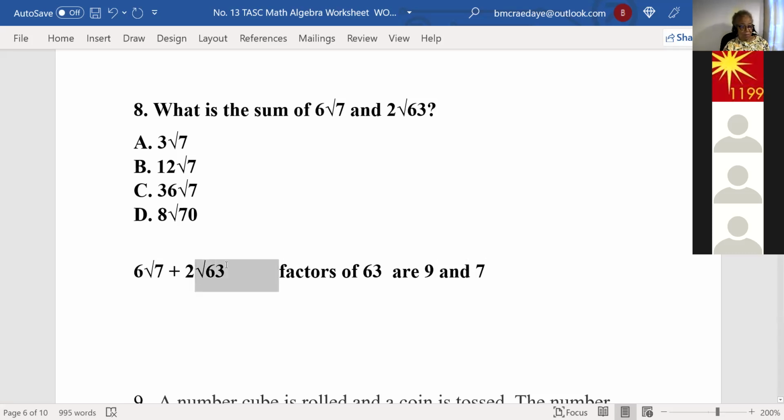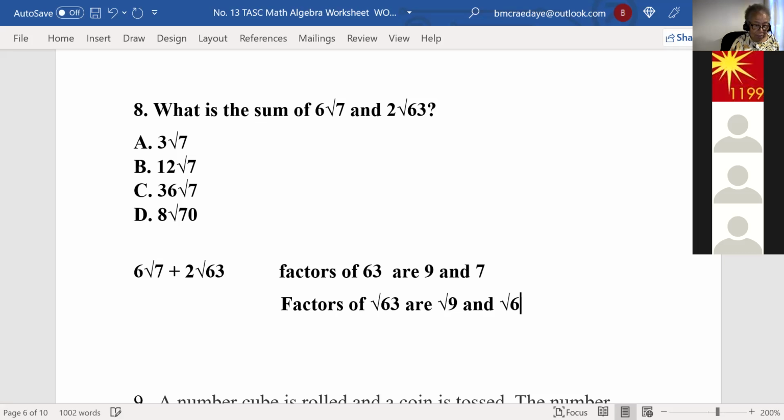That means the factors of the square root of 63 are the square root of 9 and the square root of 7.